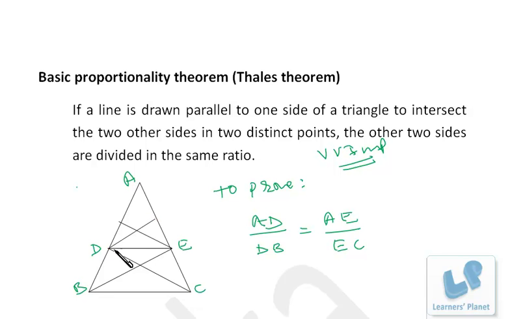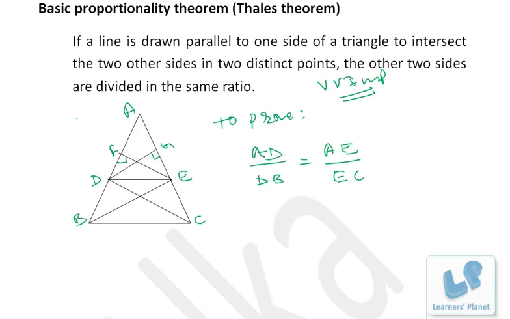So I assume this point to be F and this point to be G, right? Now friends, we calculate the area of triangle ADE. Now what is the area of any triangle? That is half base into altitude.